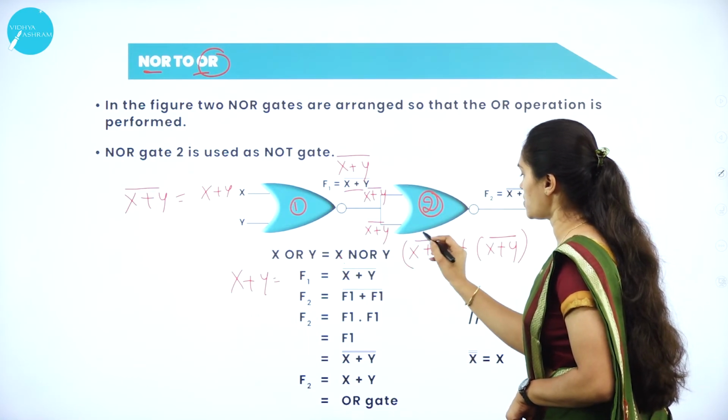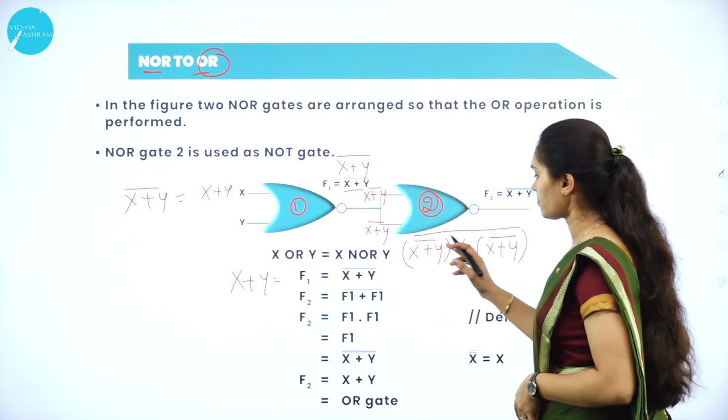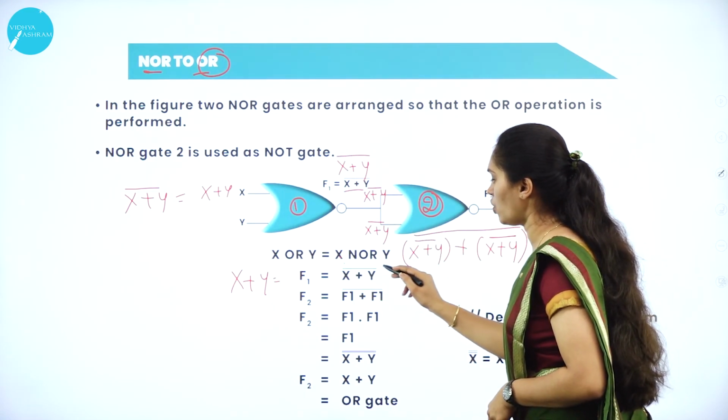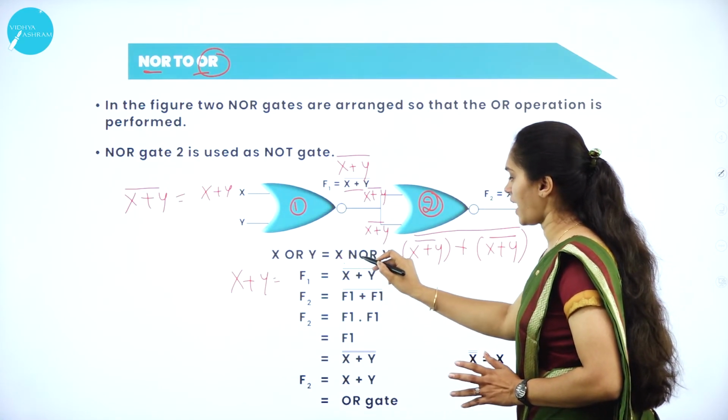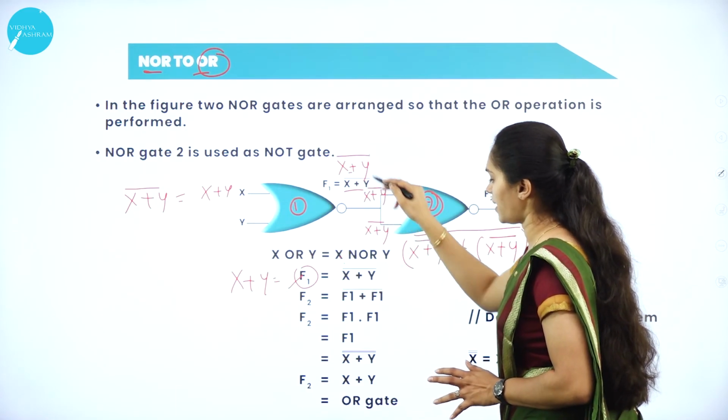We have a NOR operation so that it will become complemented. So when it becomes complemented, that indicates X NOR Y. So in F1, the output will be (X plus Y) whole bar.